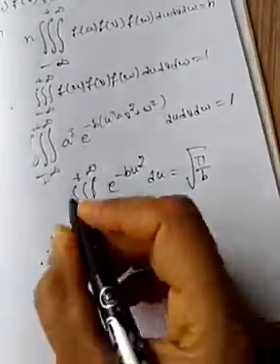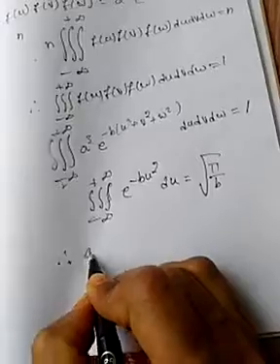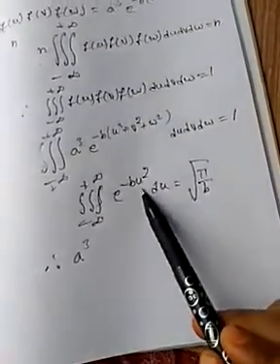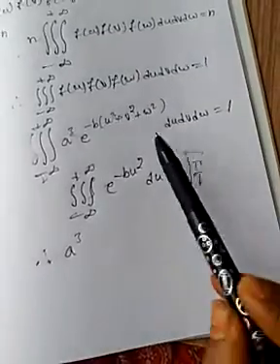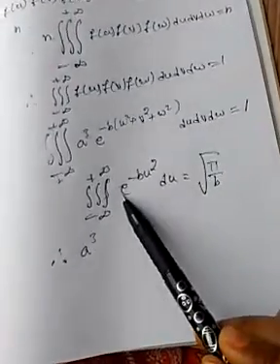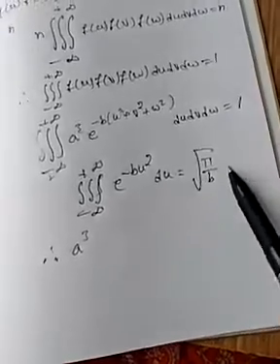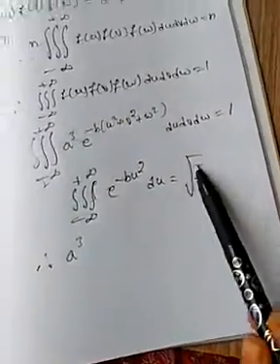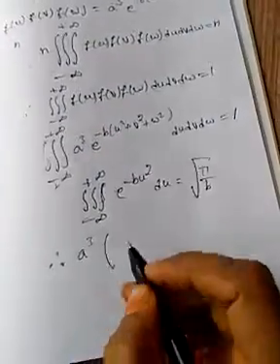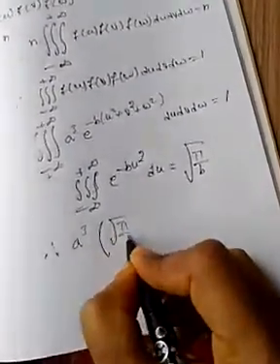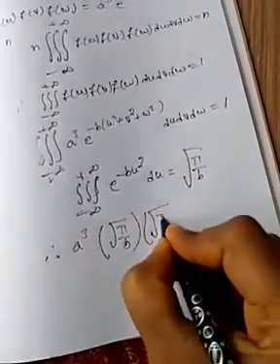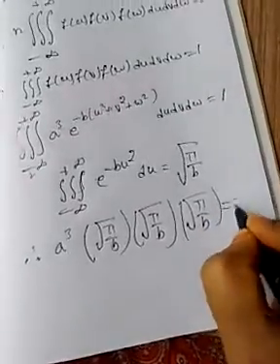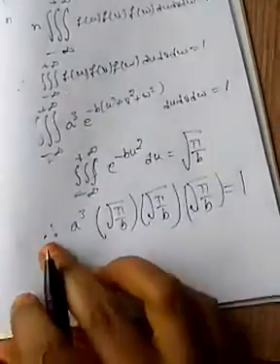Therefore, a cube is constant, so a cube times the integral value of e power minus b u square du is root pi by b. Similarly, the integral value of e power minus b v square is again root pi by b, and the integral of e power minus b w square is again root pi by b. So we have root pi by b times root pi by b times root pi by b equals 1.